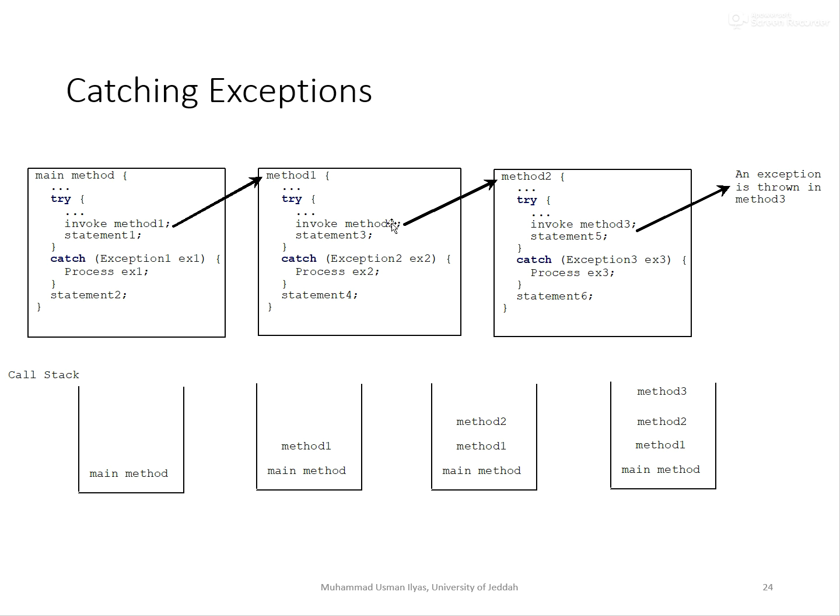Method 2 may throw back an exception which can be caught over here, and just like that, method 1 may throw back an exception which may be caught over here inside the method.